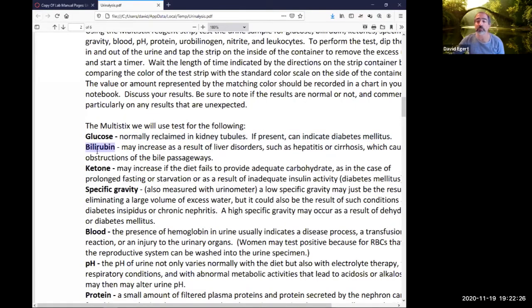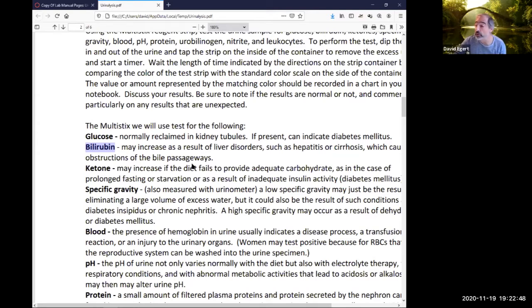Bilirubin. Bilirubin I mentioned briefly as one of the products that's involved with the recycling of the heme group from the red blood cells. Typically, it just gets dumped into your bile as part of your bile. Again, the breakdown products from the bilirubin are what make your poop brown.